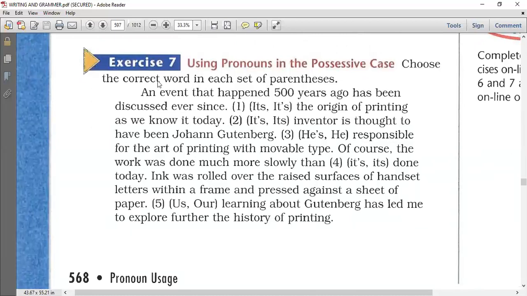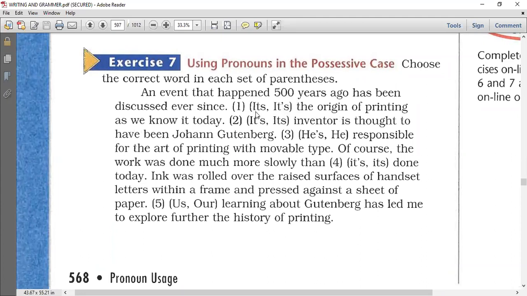Exercise 7. Choose the correct word in each set of parentheses. An event that happened 500 years ago has been discussed ever since. It's the origin of printing as we know it today. Kiara, can you do number 1?